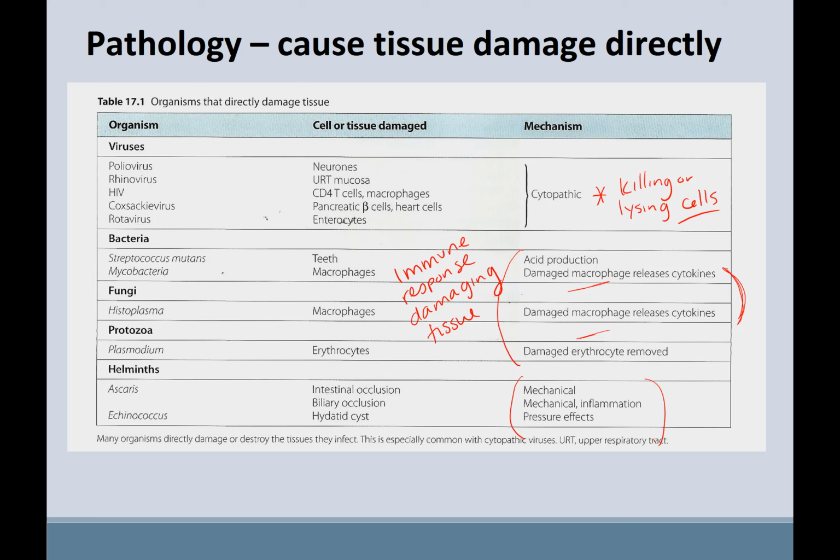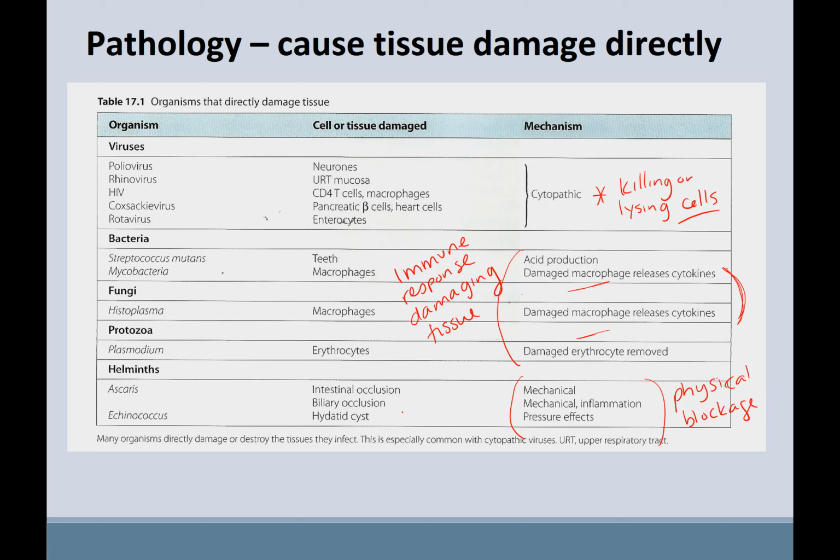And sometimes the damage due to the pathogen is really caused by physical blockage. Remember, we talked about elephantiasis caused by the lymph being physically blocked and causing all this swelling and accumulation.